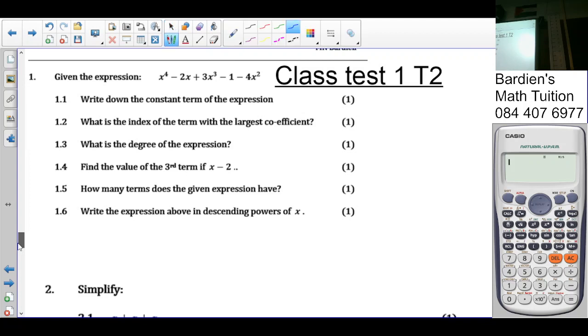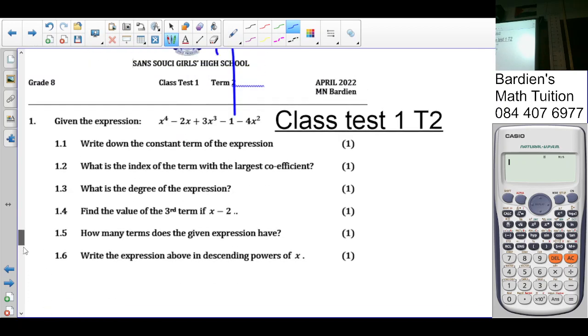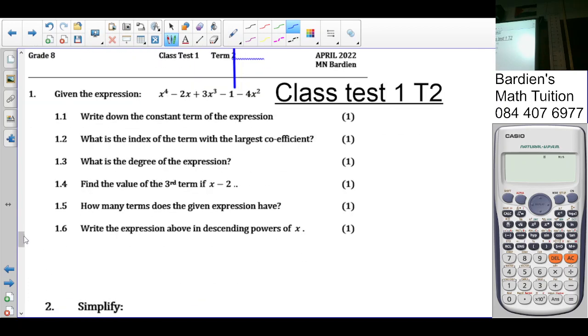So the constant term in this expression, of course, is going to be negative 1.